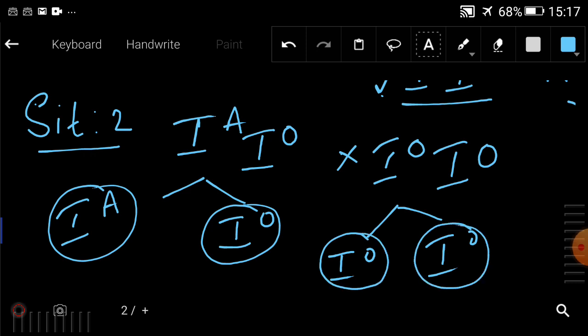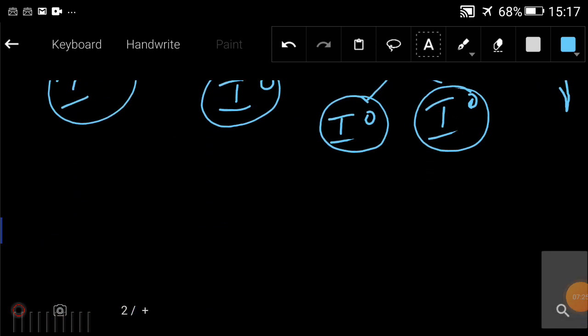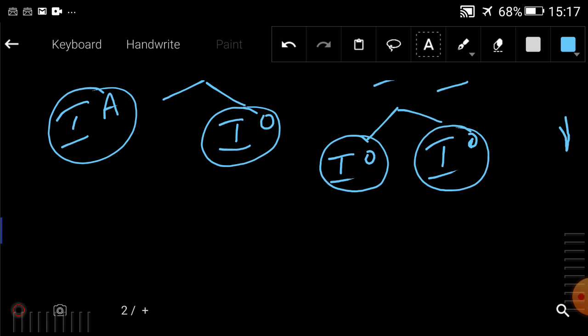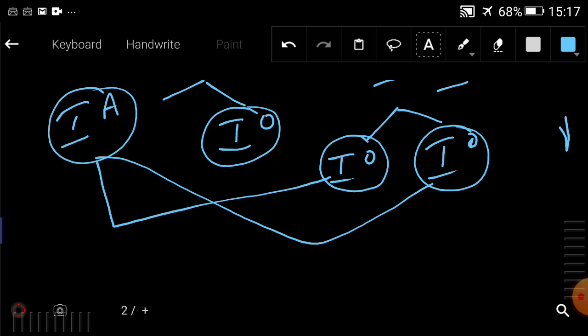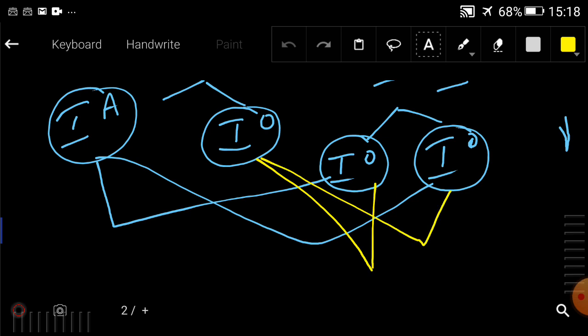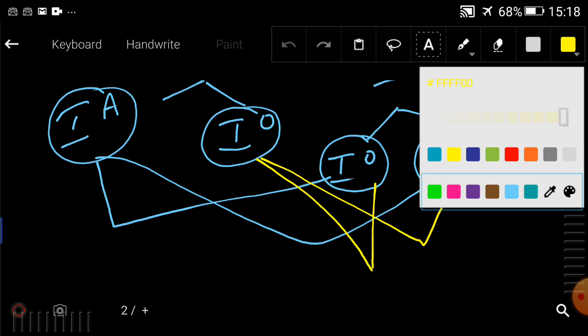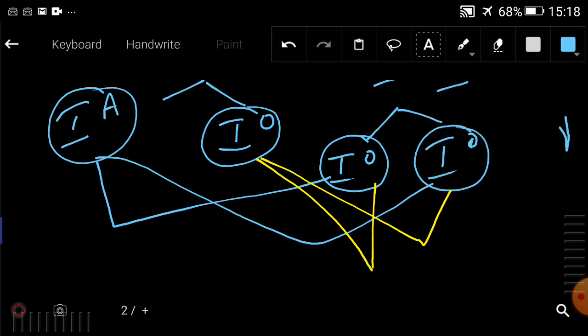Clear? Now these gametes have to be fused to form the next generation. So the combinations, once you see, pair this gamete with this, or this gamete with this. First chance, IA IO.